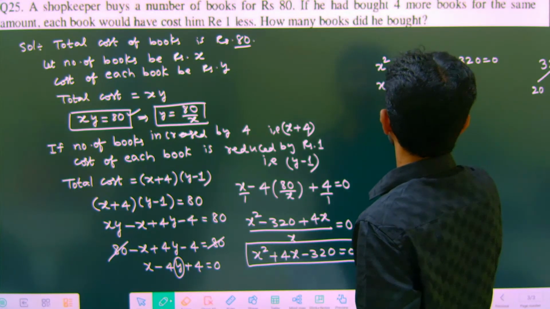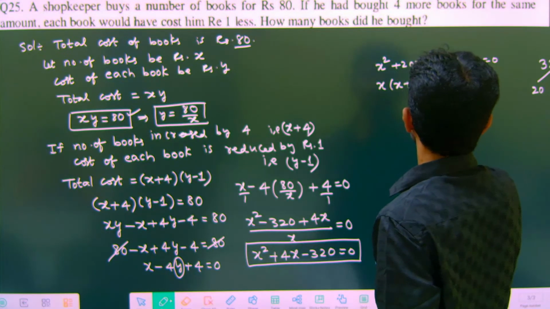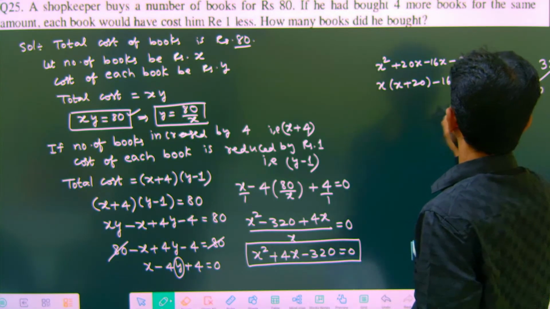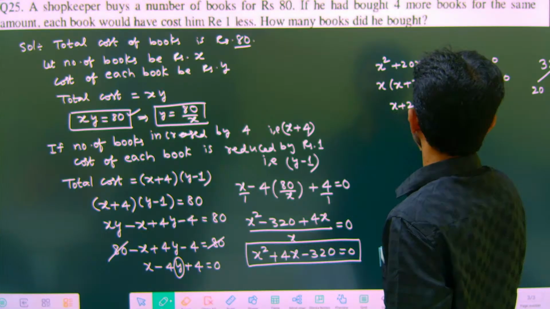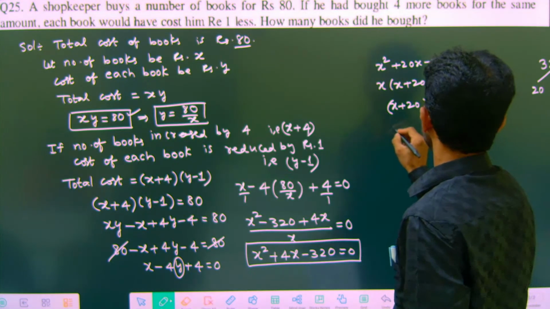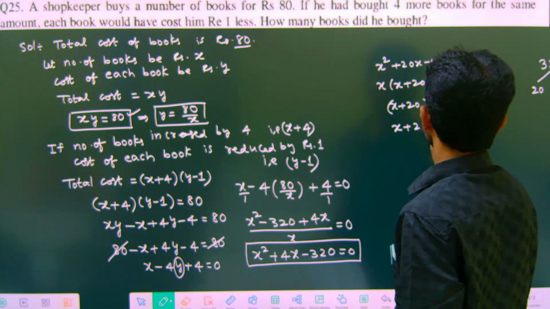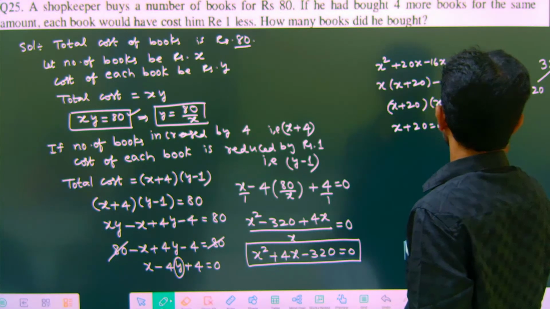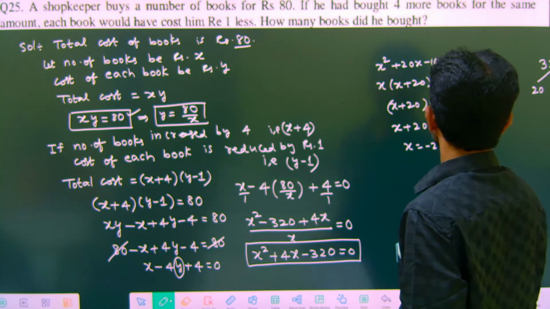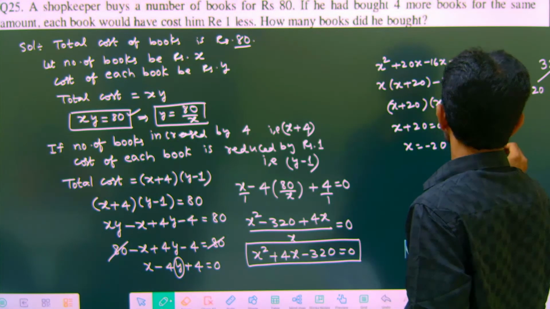So x common, x plus 20, minus 16 common, x plus 20. So (x plus 20) into (x minus 16) is equal to 0. So x plus 20 is equal to 0, or x minus 16 is equal to 0. So x is equal to minus 20 or x is equal to 16.